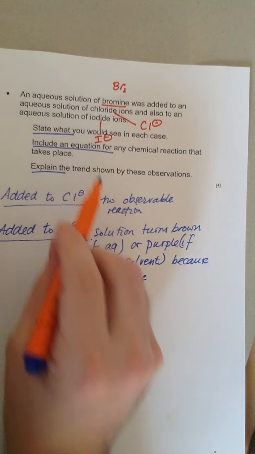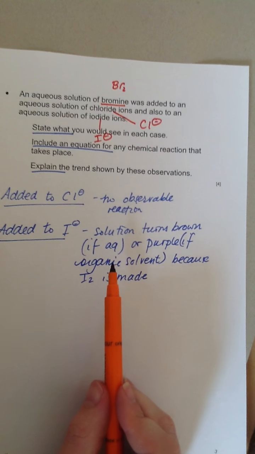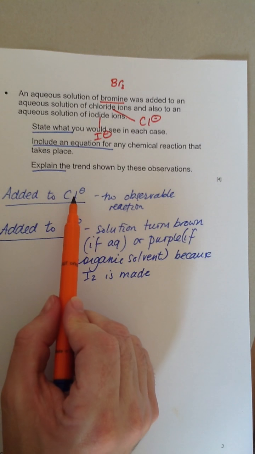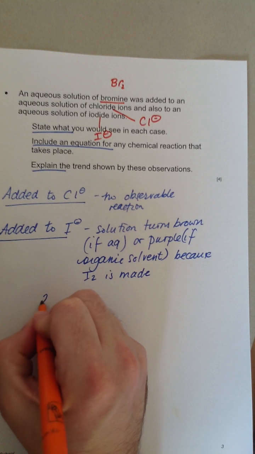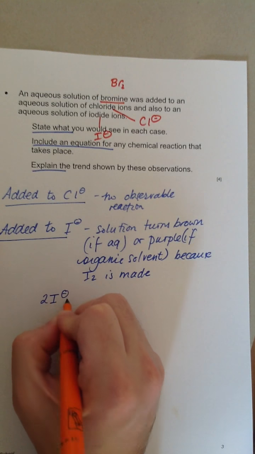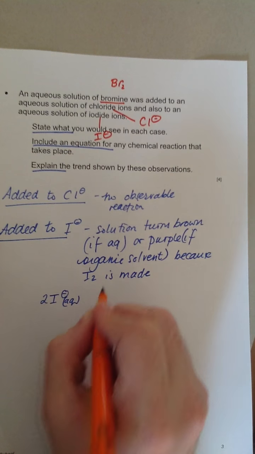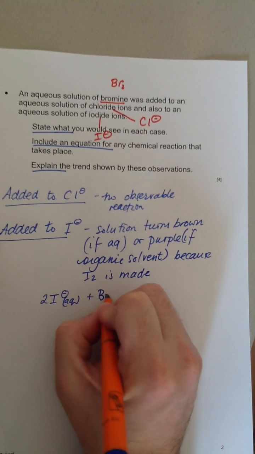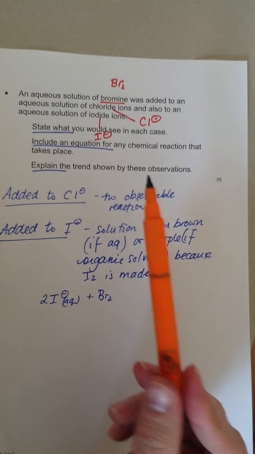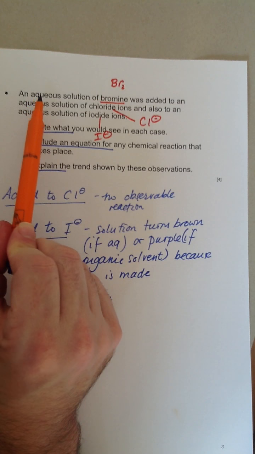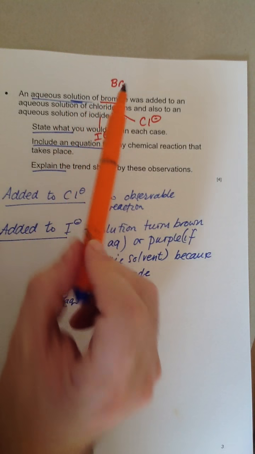So it then says include an equation for any chemical reaction that takes place. We haven't needed a chemical reaction for chloride because nothing's happened, but for iodide what we'd find is we'd have 2I- aqueous plus Br2. Now the state symbol for bromine could be a liquid conceivably. If you don't know, go back to the start of the question. It says an aqueous solution of bromine.